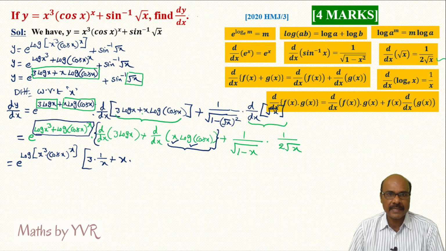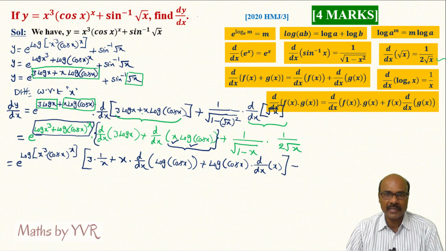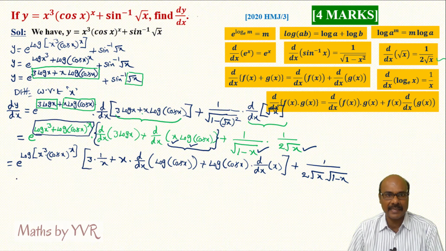First function x into the derivative of the second function, that means d by dx of log of cos x, plus second function log of cos x into the derivative of the first function, that means d by dx of x. I just applied a property here, plus 1 by 2 root x into root of 1 minus x on the denominator. Now I am going to write these two terms at a time. That means 2 root x into root of 1 minus x.